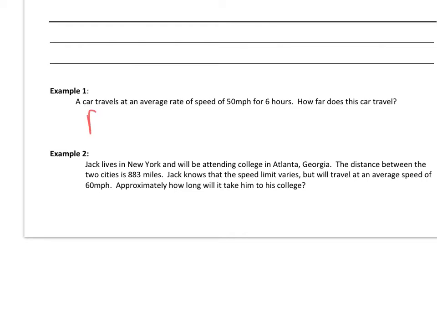So let's look at the formula again. The formula is distance equals rate times time. And rate is just speed, however fast you're doing something. So in the first problem here, it says a car travels an average rate of speed of 50 miles per hour for 6 hours. How far does the car travel? Well, you just plug in the information that you have. 50 miles per hour is a rate, and 6 hours is time.